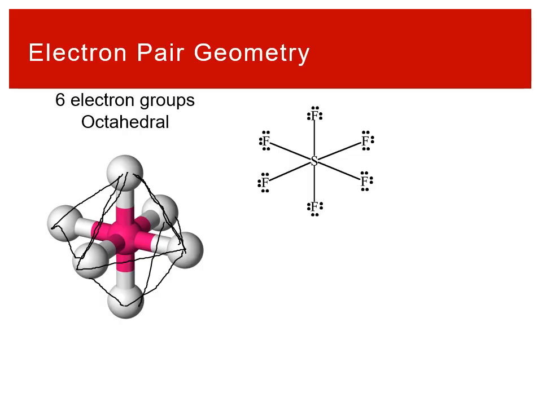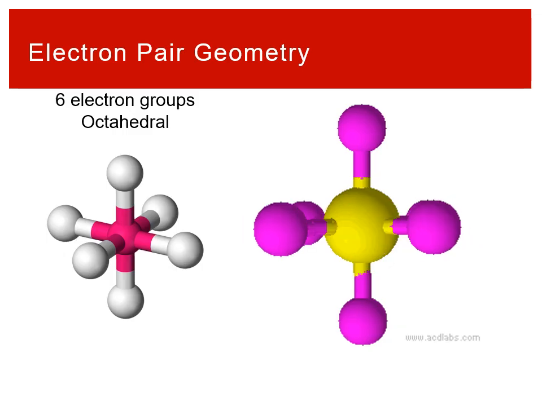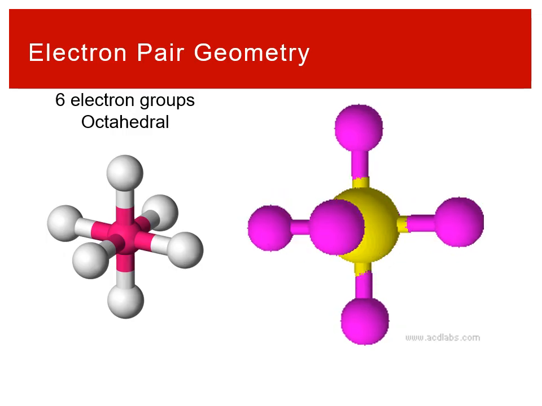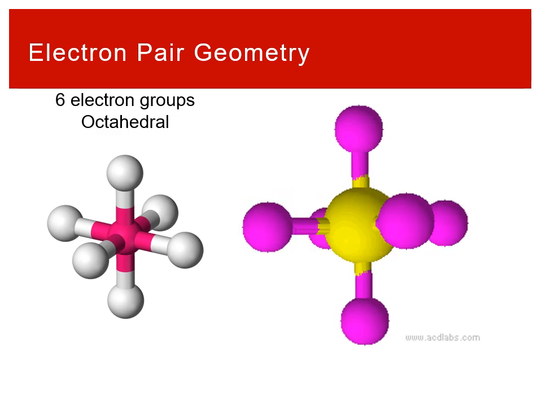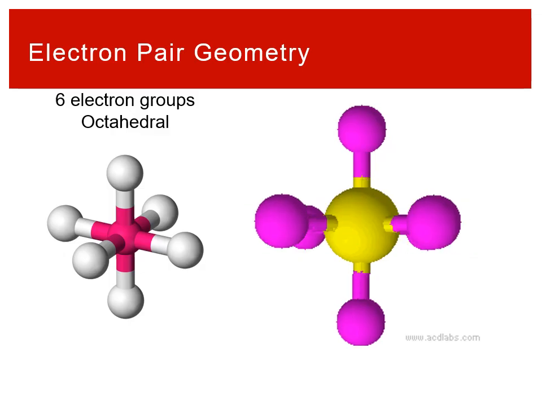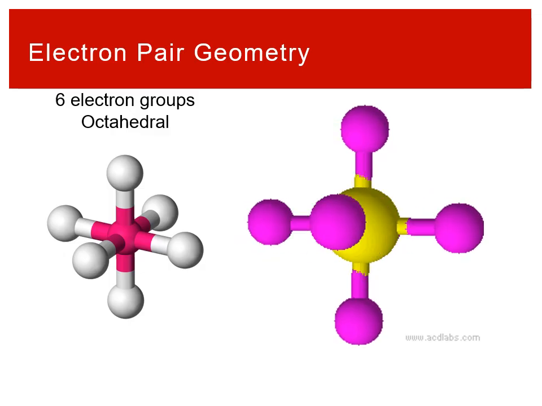Octahedral is a reference to the 3-dimensional shape traced out by the atoms, not a reference to the arrangement of the atoms themselves. If we look at it in 3 dimensions, it's all a bunch of right angles. It's basically 3 pairs of atoms that are across from each other, similar to a 3-dimensional coordinate system, with an X, Y, and Z axis, where they're all going in different directions.